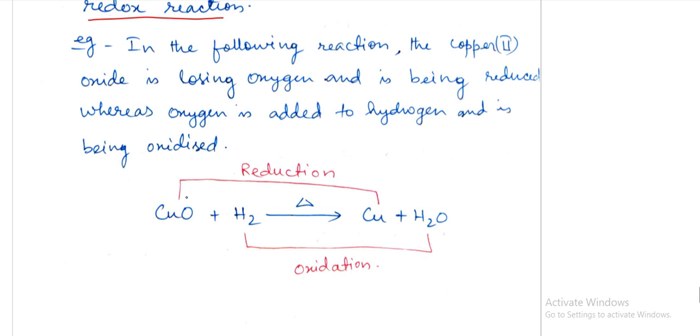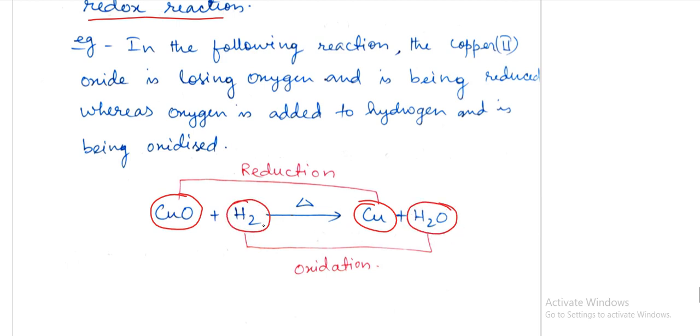Now if you see copper oxide, what happens to it? It is converting to copper. That means oxygen is removed. As we know, removal of oxygen is called reduction. So copper oxide is undergoing reduction. But if you see, hydrogen is converting to water.